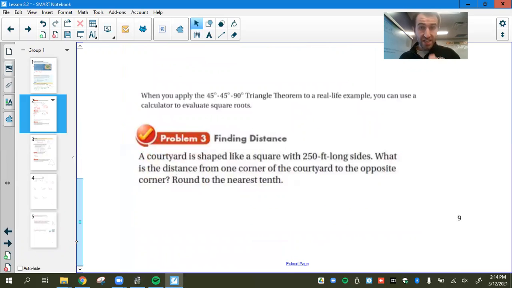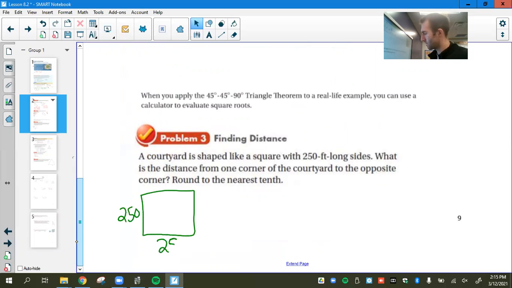A courtyard is shaped like a square with 250-foot long sides. What is the distance from one corner of the courtyard to the opposite corner? All right, well, guess what? That's a 45, 45, 90.